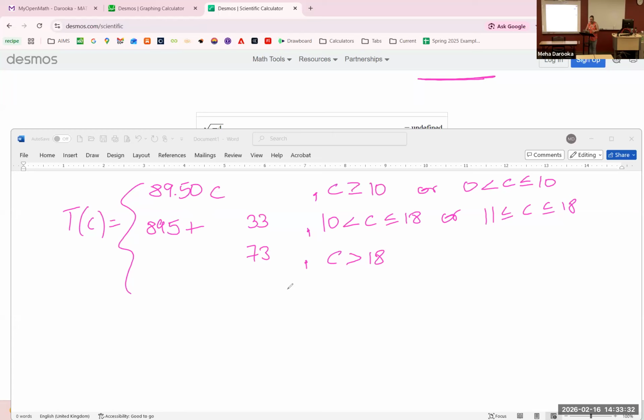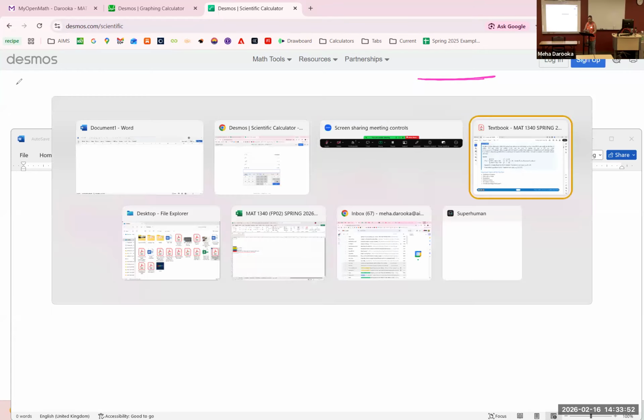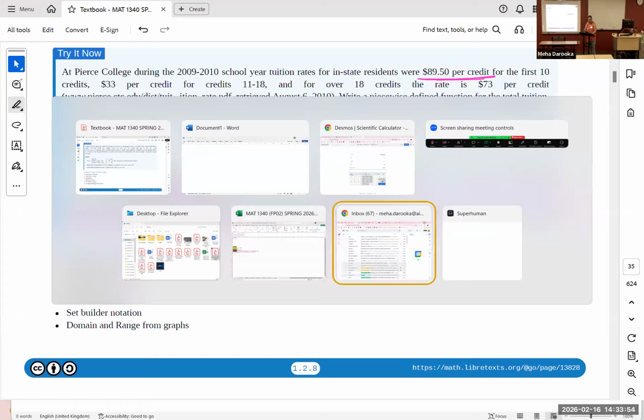So how will we write the plus 33 part? What do we need to do to modify it? Plus 33 to each credit over, would it be? Are we just multiplying it with C? And I can go back to the textbook. C. Very good.